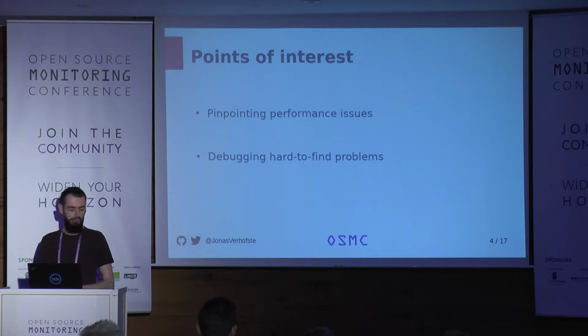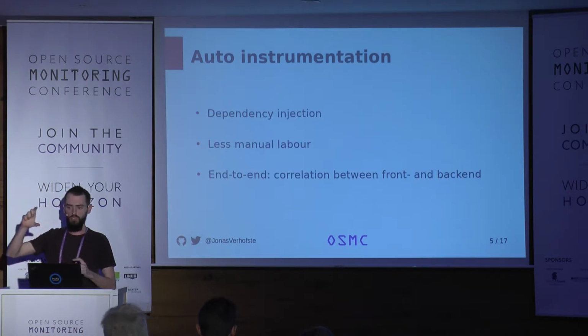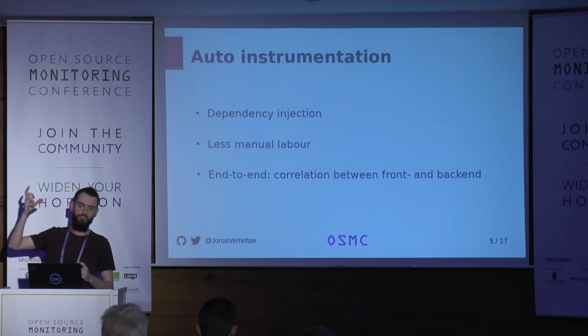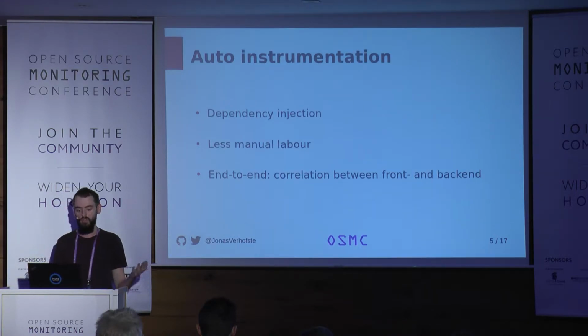The reason we didn't want to manually implement our spans: normally you have your code and you say this is one span, this is a second, this is a child of the former, and so forth. Our projects are quite big and we don't have time to do that manually, so we looked at dependency injection for Symfony and Angular.